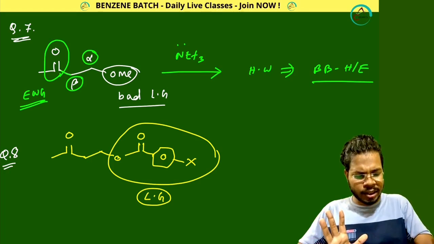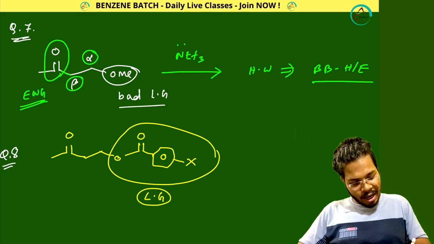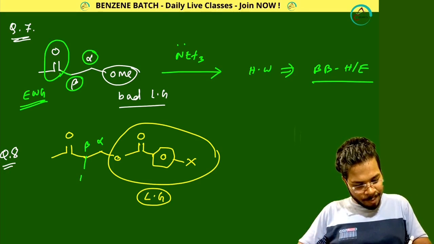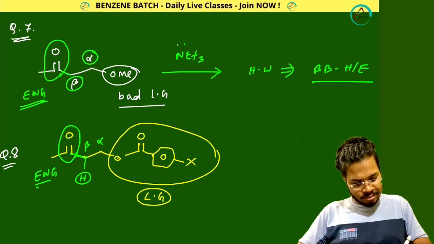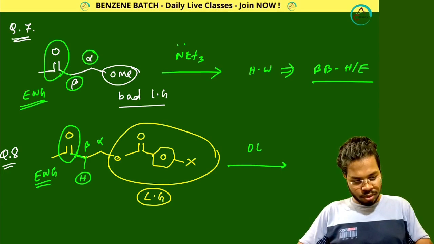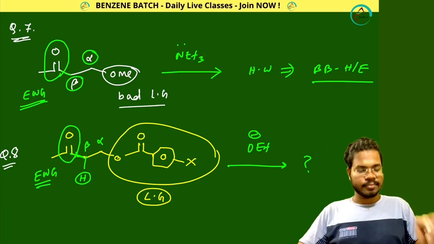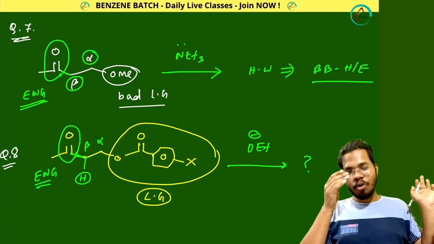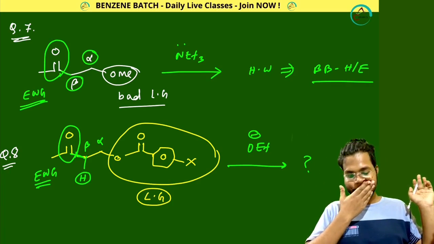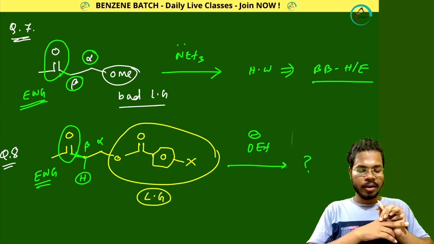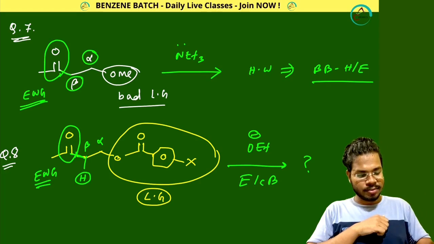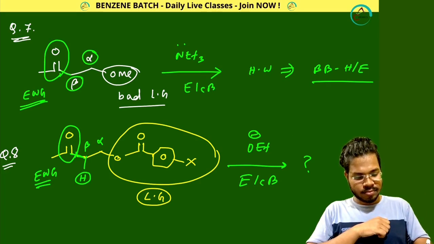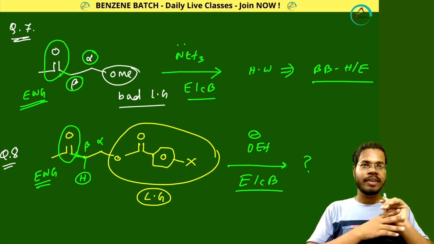I am giving you the complete information so that you can do it. Alpha carbon, beta carbon. You are having hydrogen in that position, and also with the beta carbon you are having this electron withdrawing group attached. Do it with OEt minus base. I hope you can do it. Just copy it and do it with the OEt minus base. The same thing, E1cB reaction.